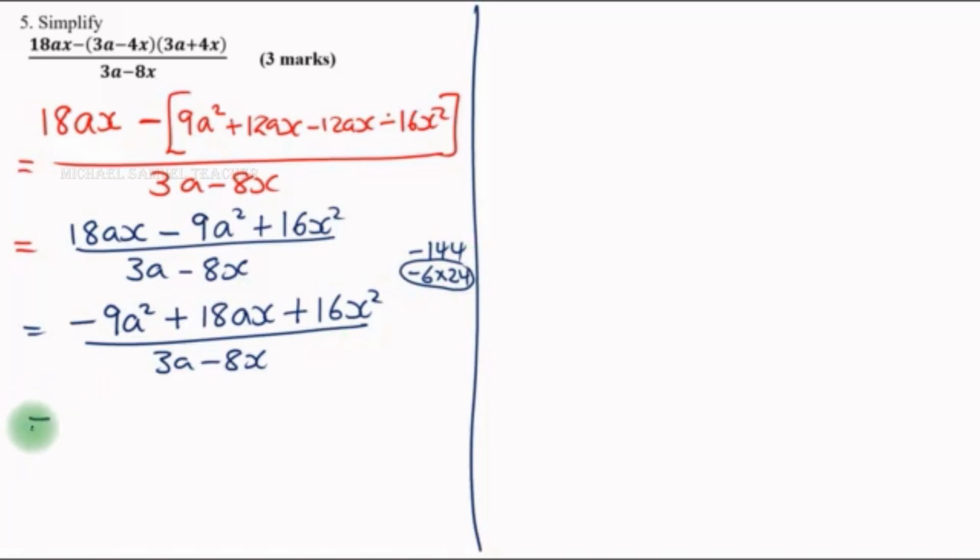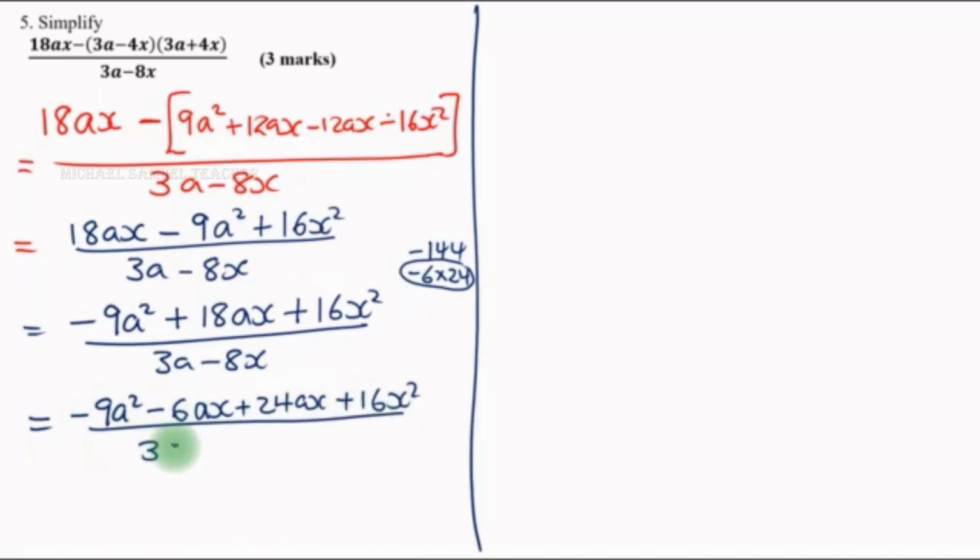So this can be written as minus 9a squared, then minus 6ax plus 24ax plus 16x squared, all over 3a minus 8x. So from there, this now we factor it out. So we take this part into pairs.